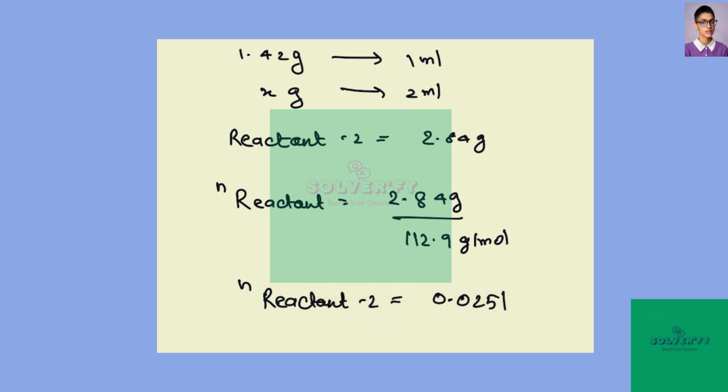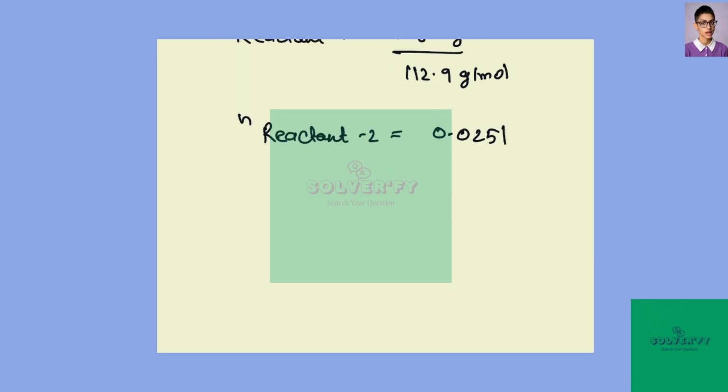Here we can see that the number of moles of reactant 1 is less than the number of moles of reactant 2. Therefore, we can say that reactant 1 is the limiting reagent.